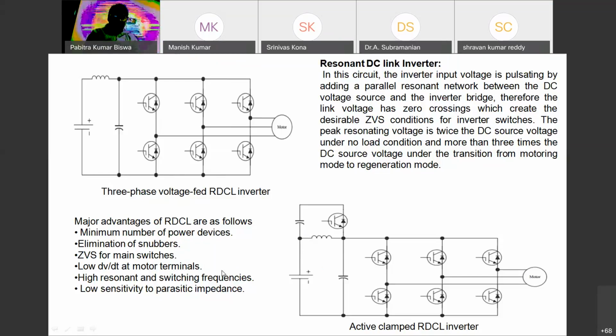The major advantages of RDCL are the minimum number of power devices and elimination of snubbers, ZVS of the main switches, and low dv/dt at the motor terminals. These are the advantages.